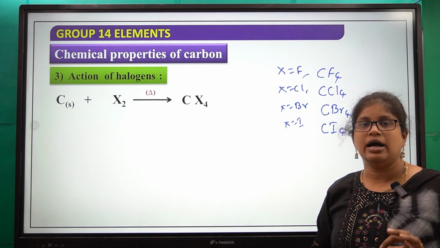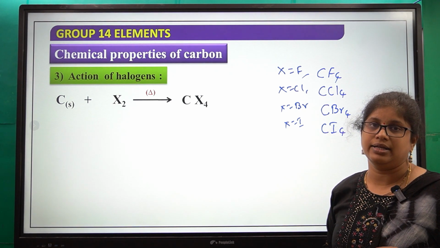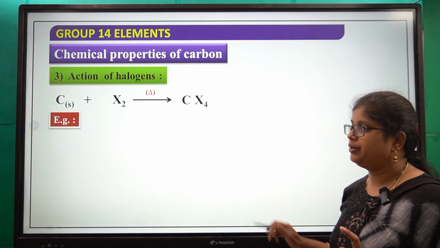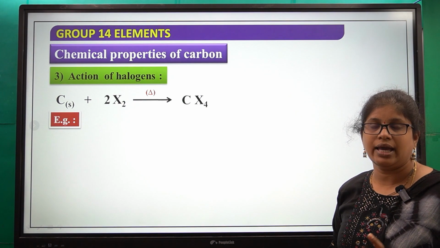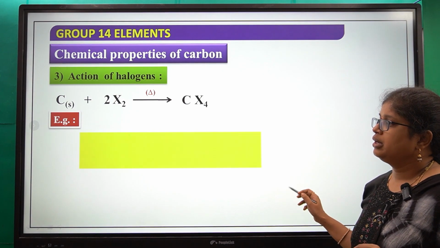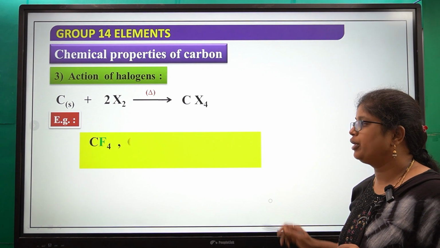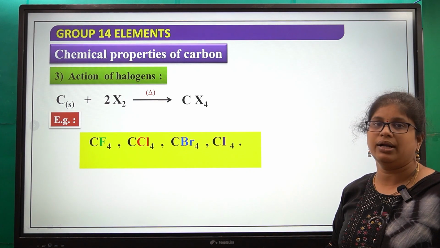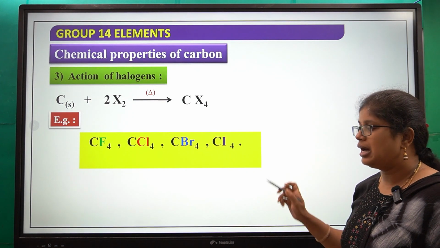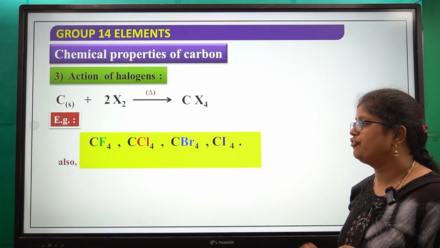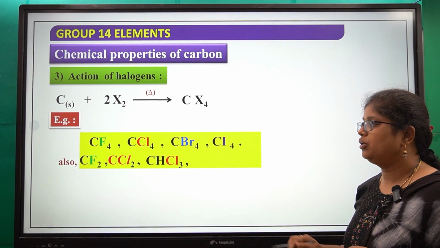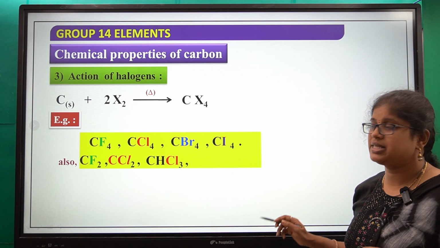It can also form dihalides like carbon difluoride, carbon dichloride. So what are the examples for this? Carbon tetrafluoride, carbon tetrachloride, carbon tetrabromide, carbon tetraiodide. Along with these, it can also form carbon difluoride, carbon dichloride and CHCl3.